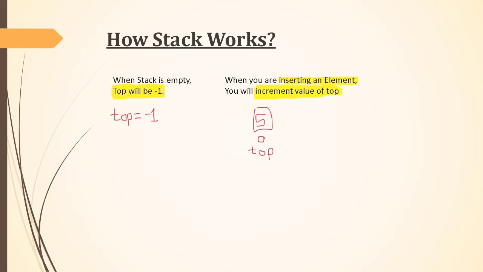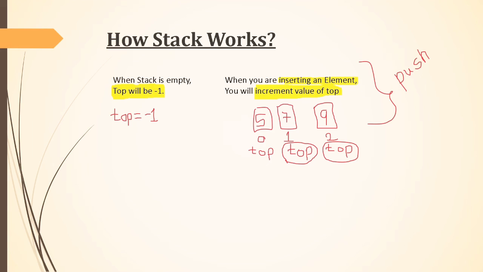Then say you want to add one more element, then again increment the value of top. So top will become 1, and at position 1 you place the next element. Again you can increment the top value and add the element. This is the logic, and this process is called push.